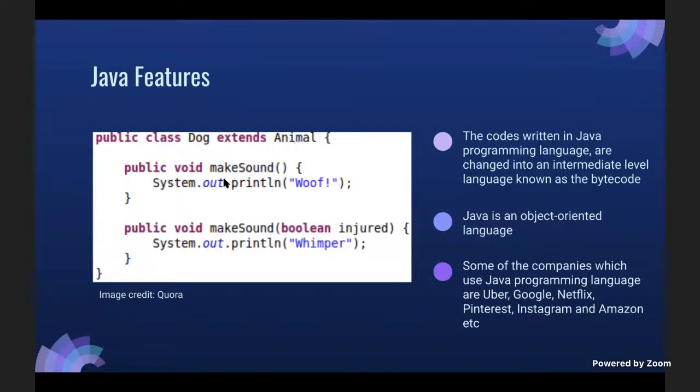So what are the properties that you can use? For example, the Animal class has a function called makeSound, and this makeSound is publicly accessible by Dog. Why? Because you're extending Animal. There's another method called makeSound, still the same name, but it does a different operation, because this one has a parameter passed into it, called injured, and the other one does not have any parameter.